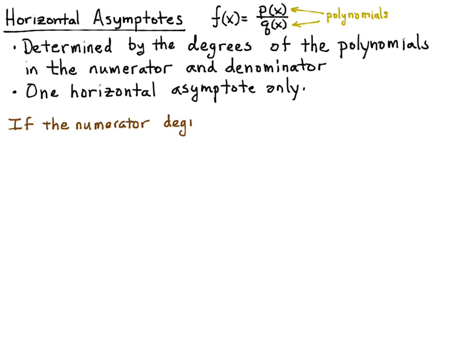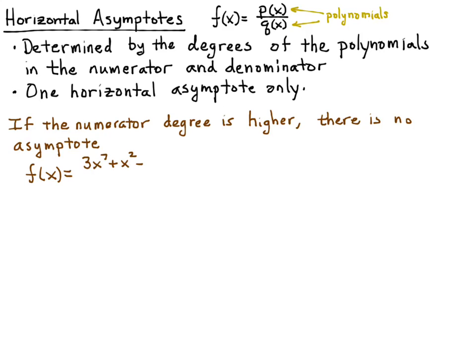So then there are three cases with these rational functions where there's a polynomial in the numerator and the denominator. If the numerator has the higher degree, for example f of x equals 3x to the 7th plus other things over 2x to the 4th minus other things, the degree of the numerator is higher than the degree of the denominator.